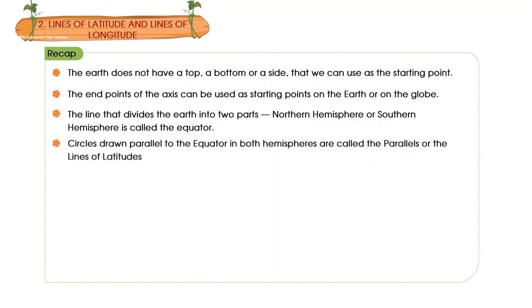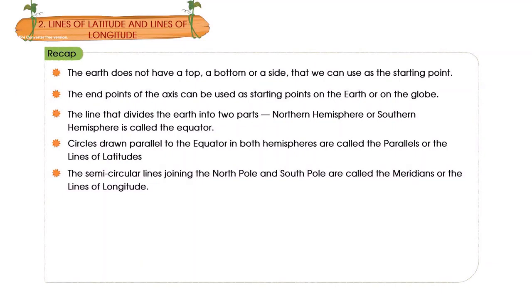Circles drawn parallel to the equator in both hemispheres are called the parallels or the lines of latitude. The semicircular lines joining the North Pole and South Pole are called the meridians or the lines of longitude.